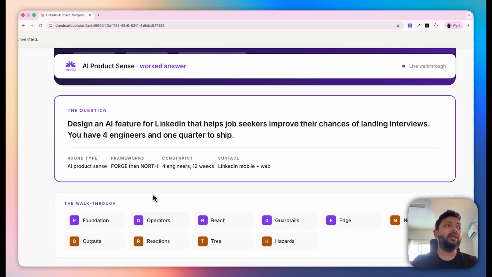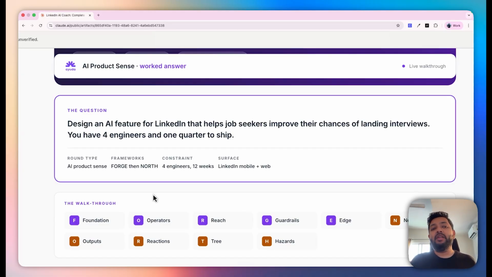Now here, since we are designing an AI feature for LinkedIn and the feature is supposed to help job seekers improve their chances of landing interviews, the goal here has to be that the product looks at the profile of a particular user and is able to suggest some sort of interview practice. Now, this is very simple.